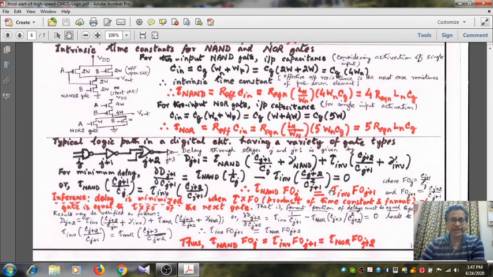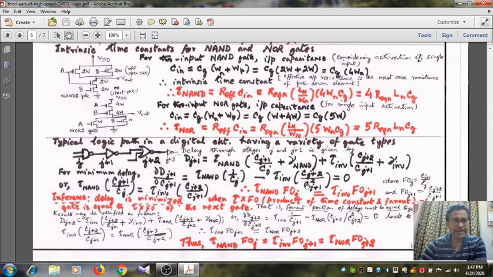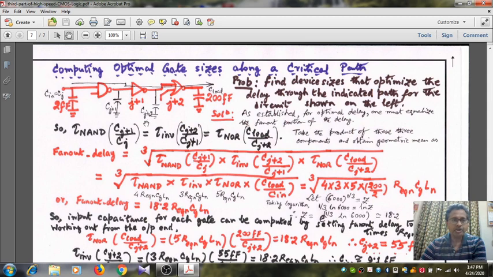Now we shall make use of this relation in the next numerical problem. Okay, so what is the problem? Problem is to compute optimal gate sizes along a critical path. Here the critical path we have shown, for simplicity, just in a linear chain.